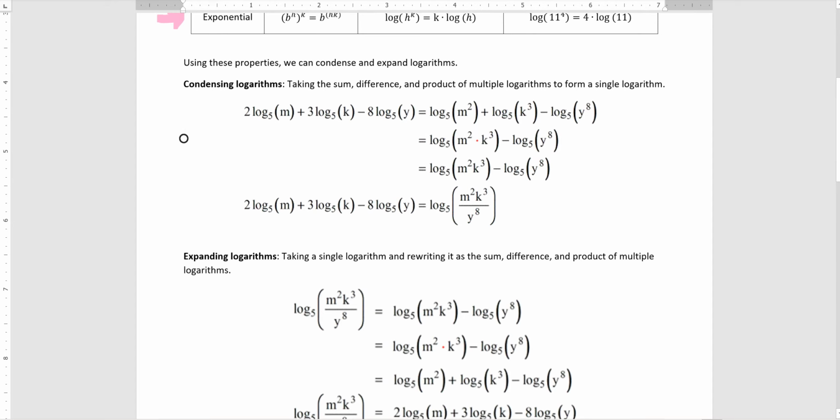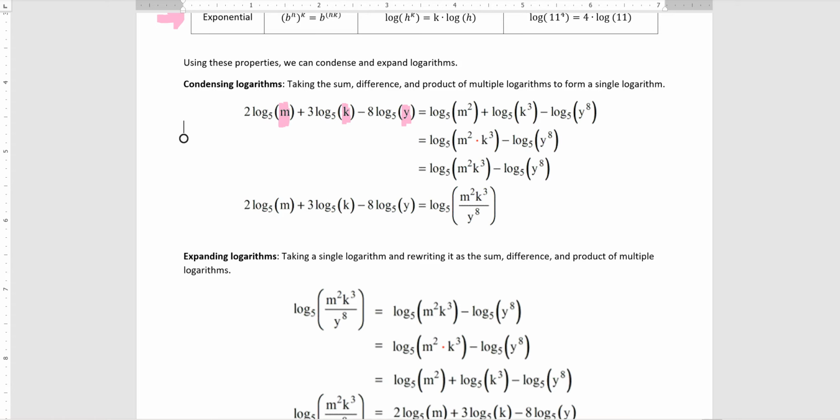Here's an example of condensing a logarithm. We start with multiple logs. We have 3 variables, and all sorts of things are happening to them. Let's start with this 2. The 2 that we're multiplying by the log base 5 of m is going to become an exponent. The 3 that we're multiplying by the log base 5 of k is going to become an exponent. The 8 is going to become an exponent, all in the argument.